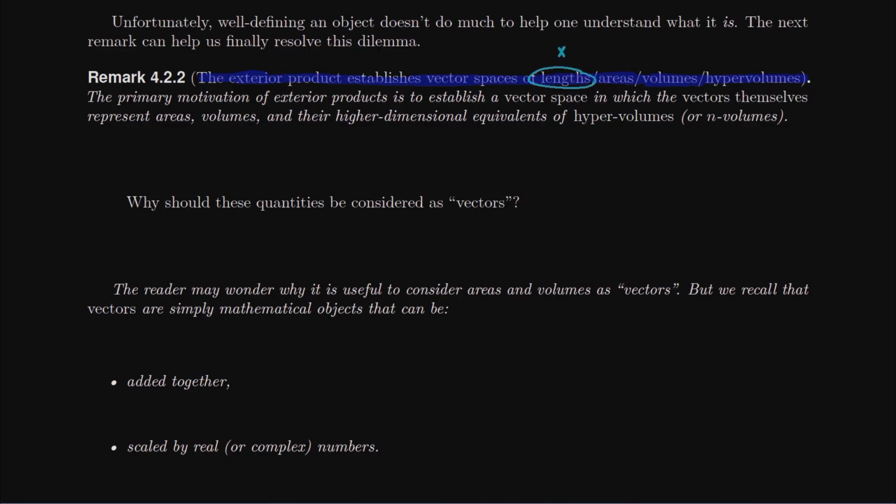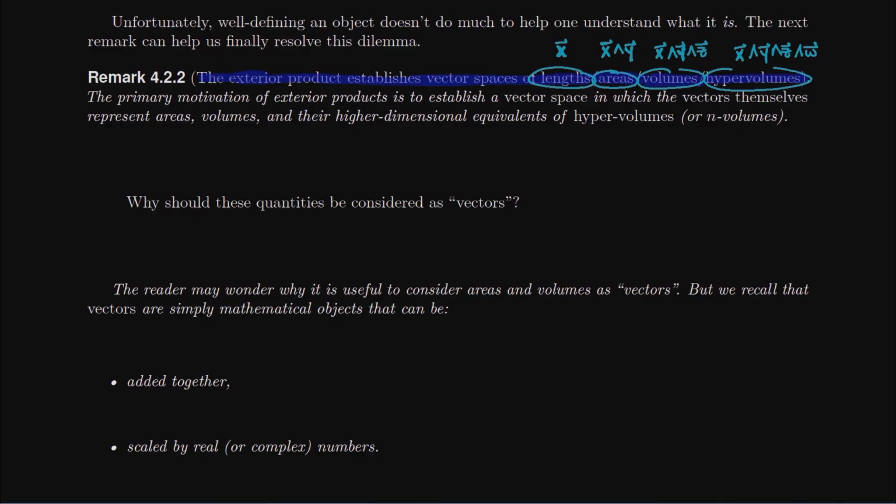So my vector x has some sort of length. Vectors represent lengths. But if I take x wedge y, I'm going to allow this vector to represent an area. And if I take a vector x wedge y wedge z, I'm going to let this vector represent a volume. If I have something like x wedge y wedge z wedge w, I'm going to interpret that vector as representing a hypervolume.